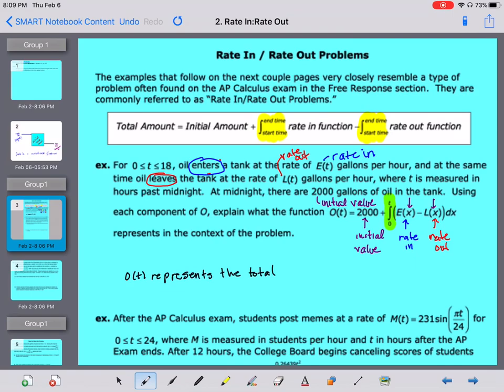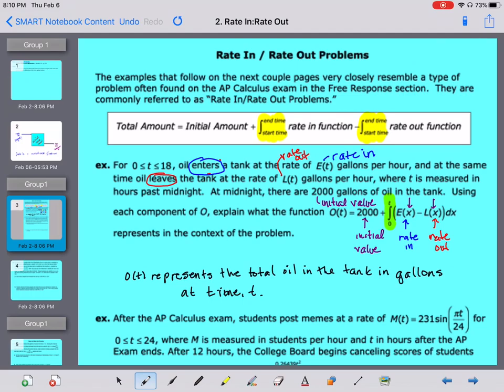Okay, total, and we're talking about oil in the tank, in gallons at time t.